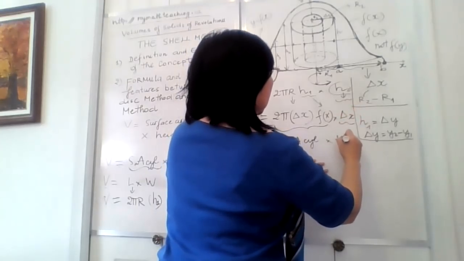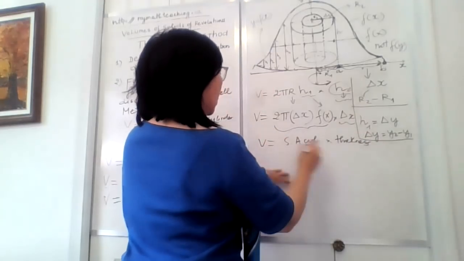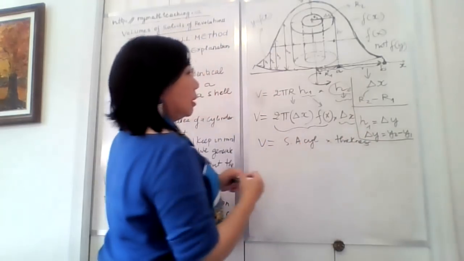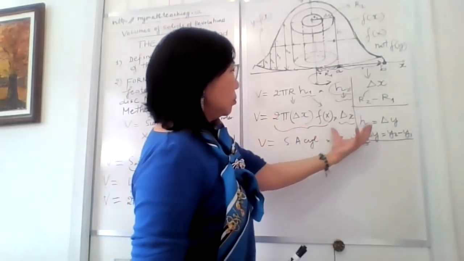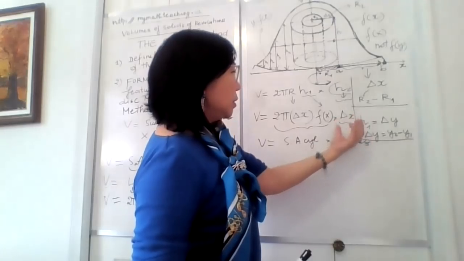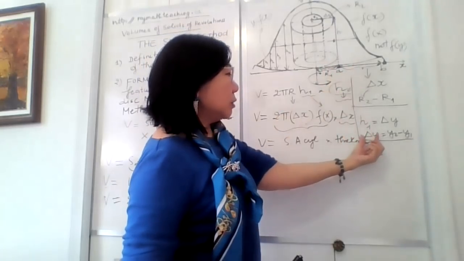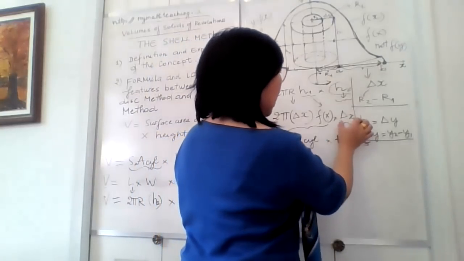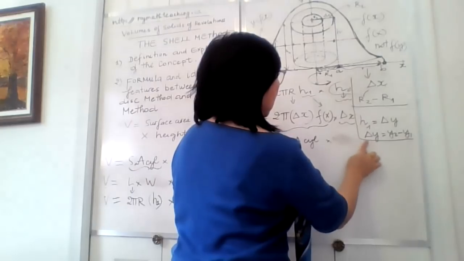When we multiply with this thickness, we form the volume, because volume is 3-dimensional. So what is the thickness of this? The thickness of this is the delta x here.